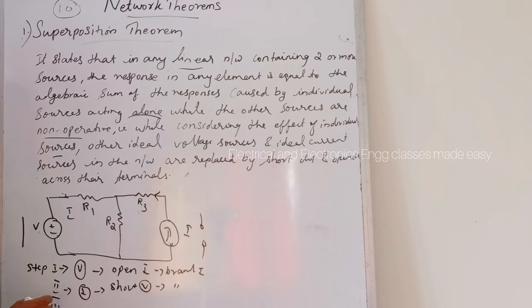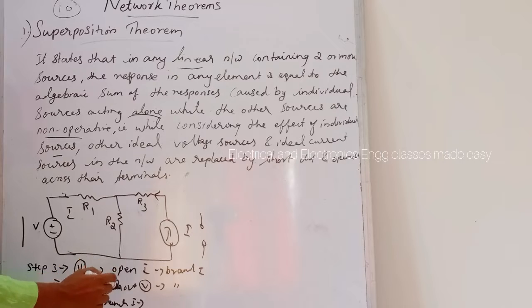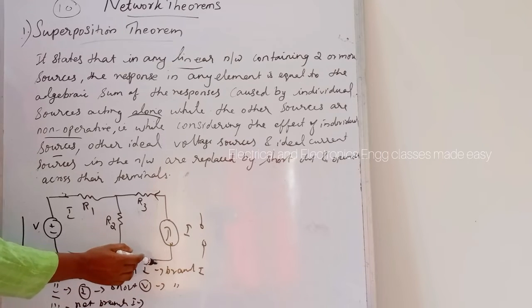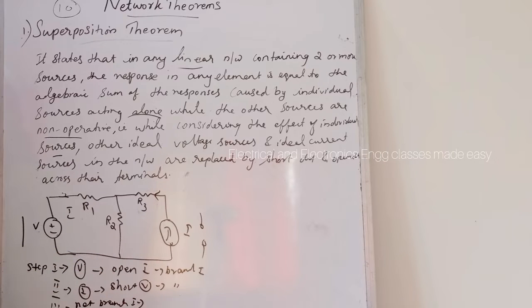Then in the third step, to obtain the net branch current, just add the currents obtained in step 1 and step 2 for each branch.